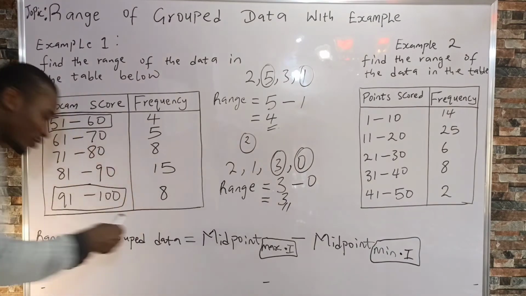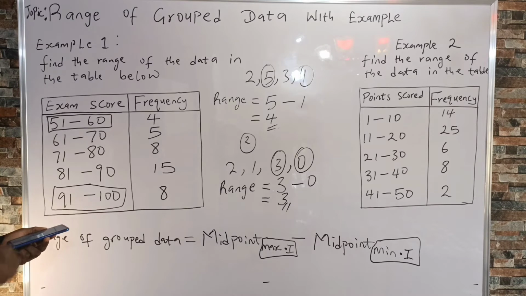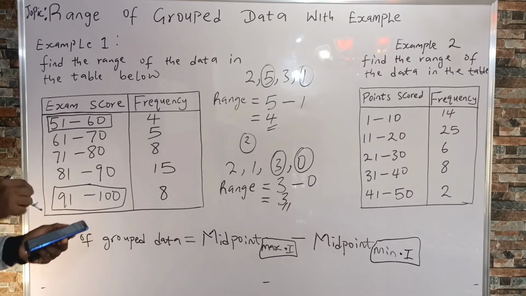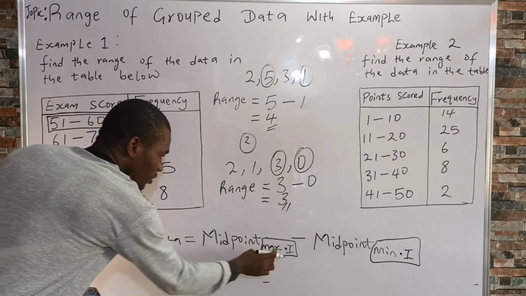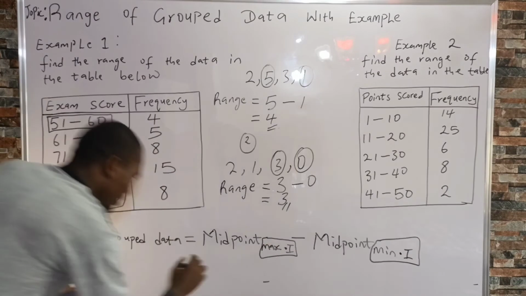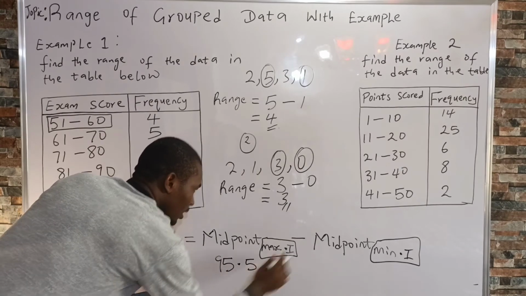So with our calculator, we have 91 plus 100, and that will give us 191, okay? Then we divide it by 2. It will give us 95.5. So the midpoint here for the maximum interval is 95.5.